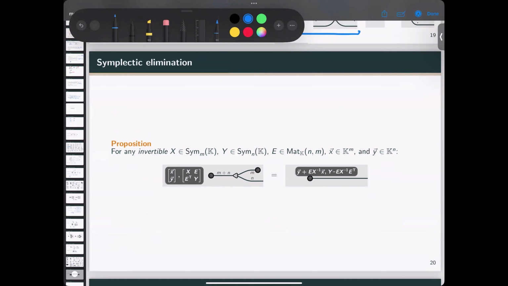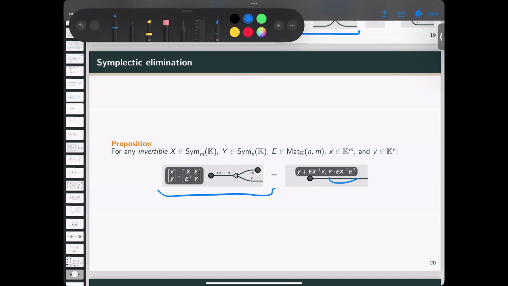If I have this graph-like diagram here, where this part X corresponds to the labels of internal spiders, and Y corresponds to the labels of boundary spiders, or spiders that are connected to outputs, then under the assumption that this matrix X is invertible, I can actually remove all of those internal spiders and update the labels for the boundary spiders in the following way.